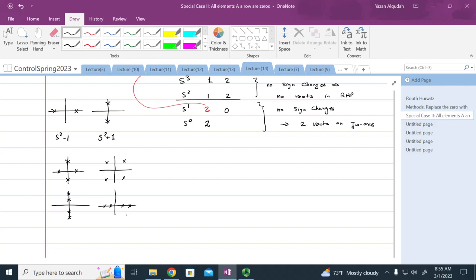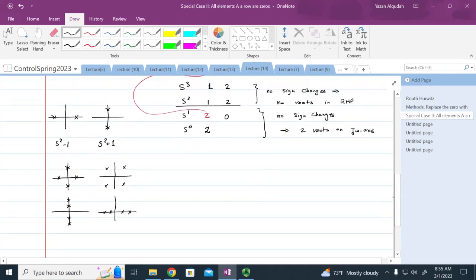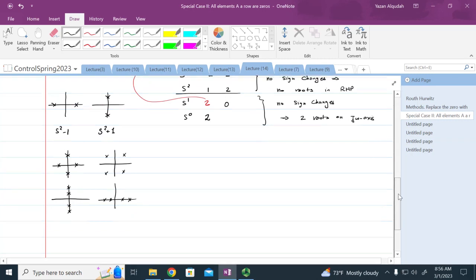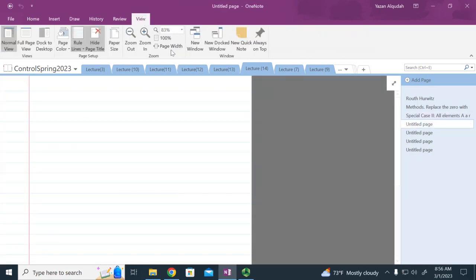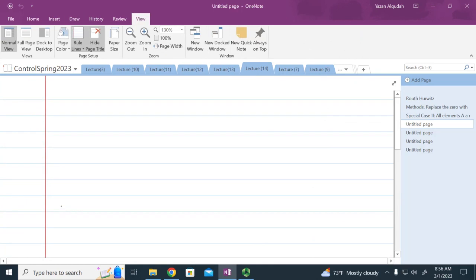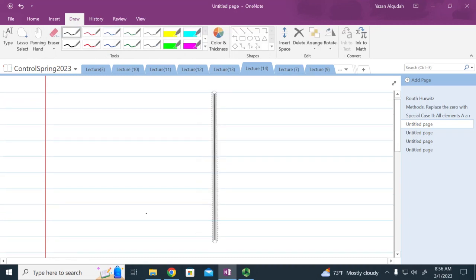Okay, let's do an example that illustrates this. What I'm going to do is divide this into 4 sections so you can look at them all at the same time and compare them.